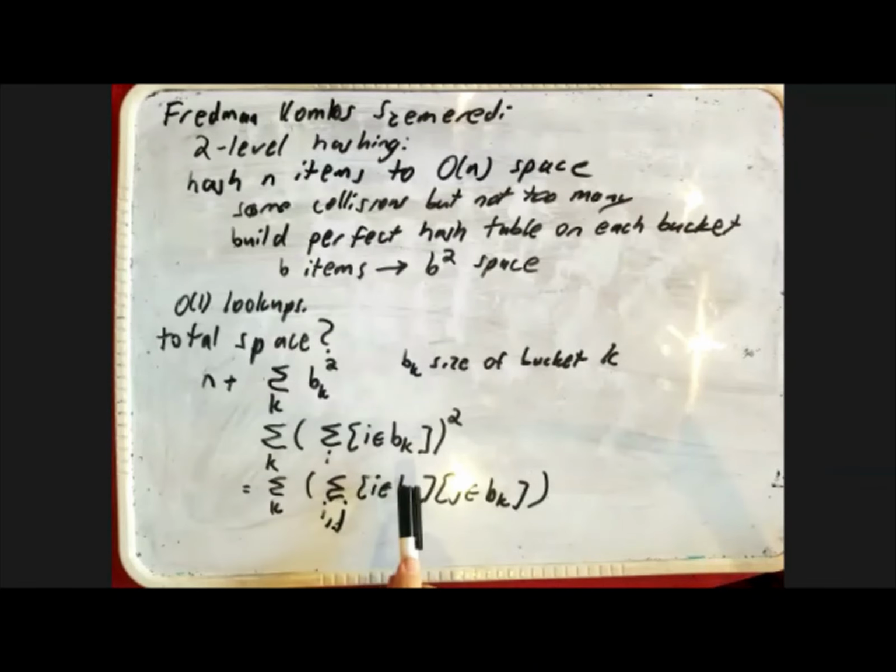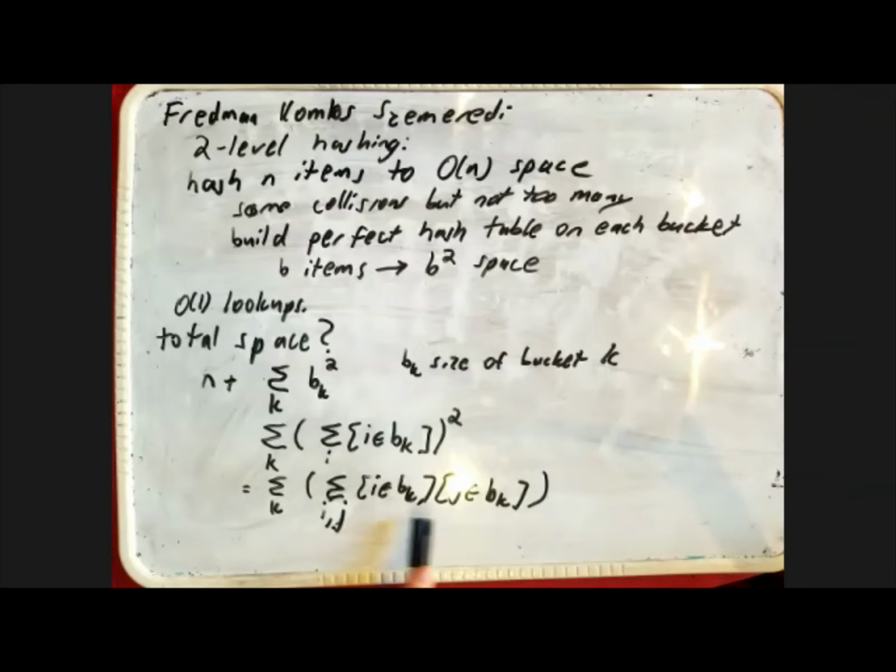So I'm now taking sum of products of pairs of indicator variables, right? What does this mean? What is this product of indicators telling me? Whether or not there's a collision. Exactly.